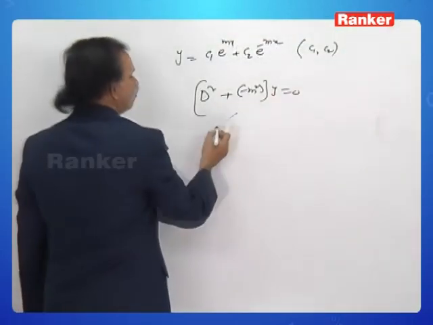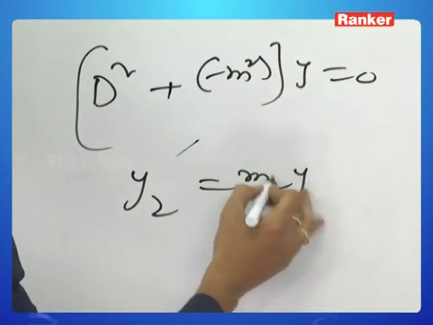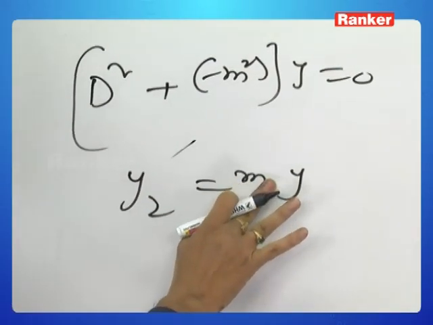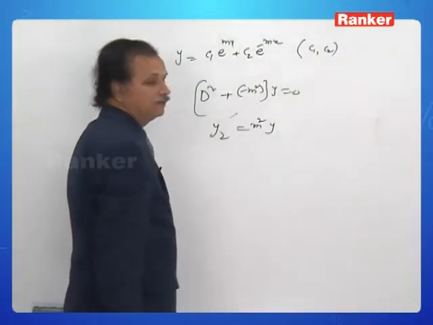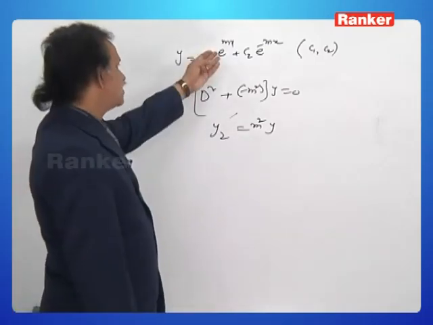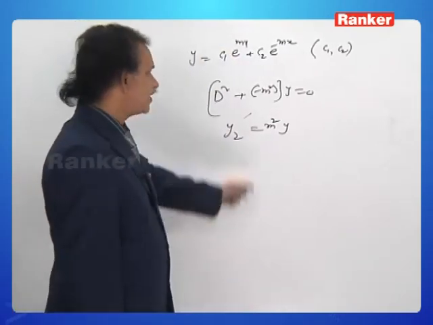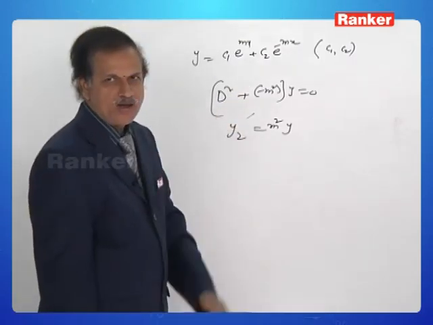Therefore, d square of y, y2, is equal to m square y. So, as and when you look at such things, please don't forget to use this. y2 is directly m square y.